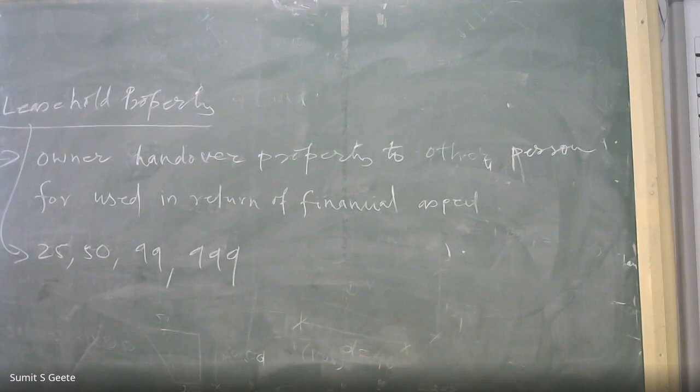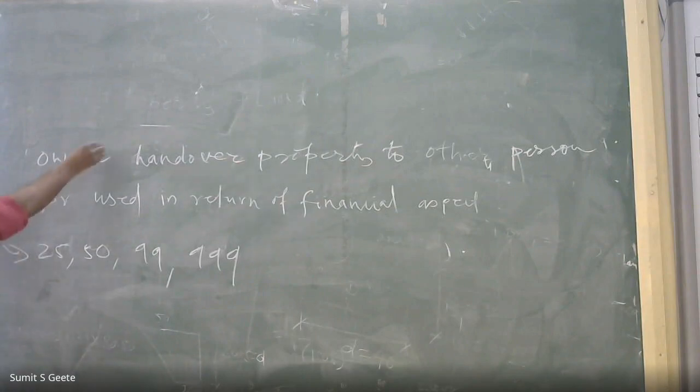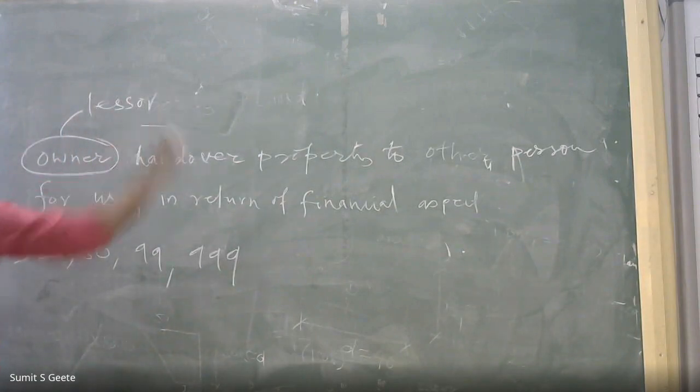Okay. Now, the person who is the owner or handler of that property is called the lessor. So this is the lessor.